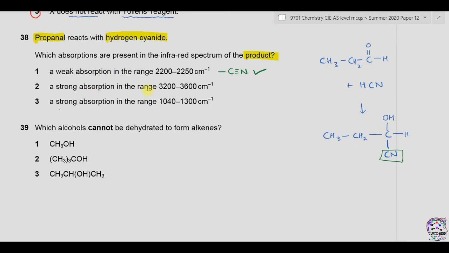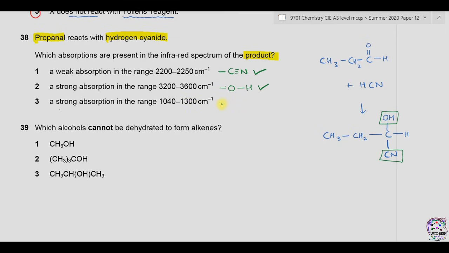2. A strong absorption in the range 3200 to 3600 per centimeter. Now from data booklet we know that this peak comes from the presence of hydrogen bonded alcohol, and in our product we also have hydrogen bonded alcohol, so this is the possible peak. 3 says a strong absorption in the range 1040 to 1300 per centimeter.